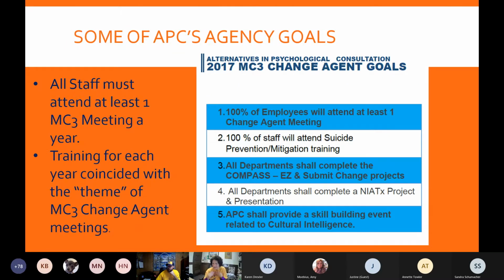So the year of our cultural intelligence immersion, which we're still really working on in terms of our diversity, inclusion, and equity committee, included different cultural events throughout the year within our own agency.